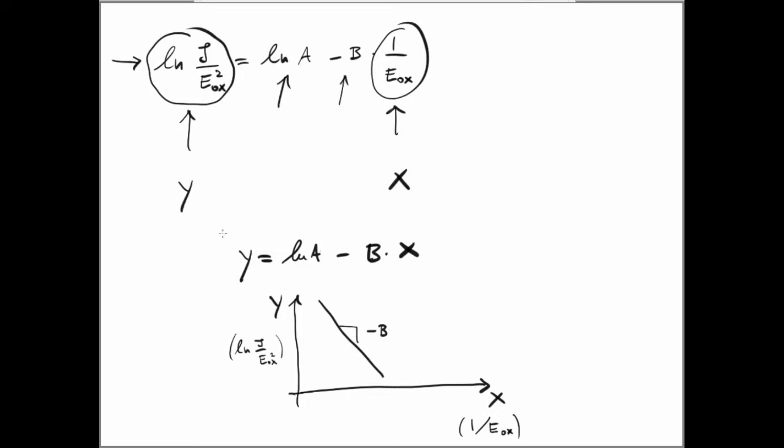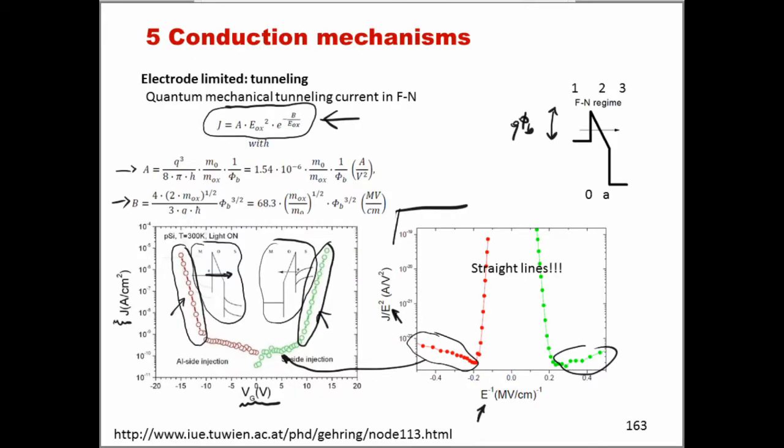And so we can now plot this data, and we should get a straight line, as we said, and the slope is minus b. So by doing this plot, we can calculate the quantity minus b, that, if we go back to our previous slide, is actually related to phi b.